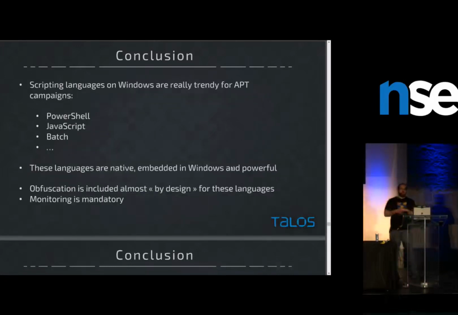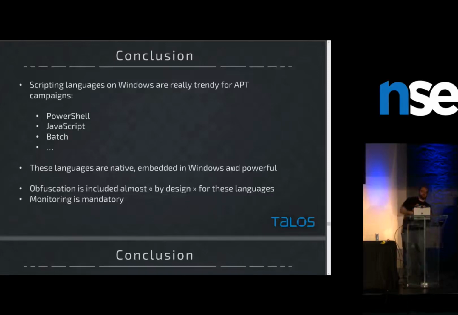Scripting languages are really trendy. In each case, the guy uses PowerShell or JavaScript or batch files sometimes. So we must really take time to have control and an audit of this script execution. It's really important. And all these languages are embedded in Windows. You don't have to install anything. It's here. Why not use it?